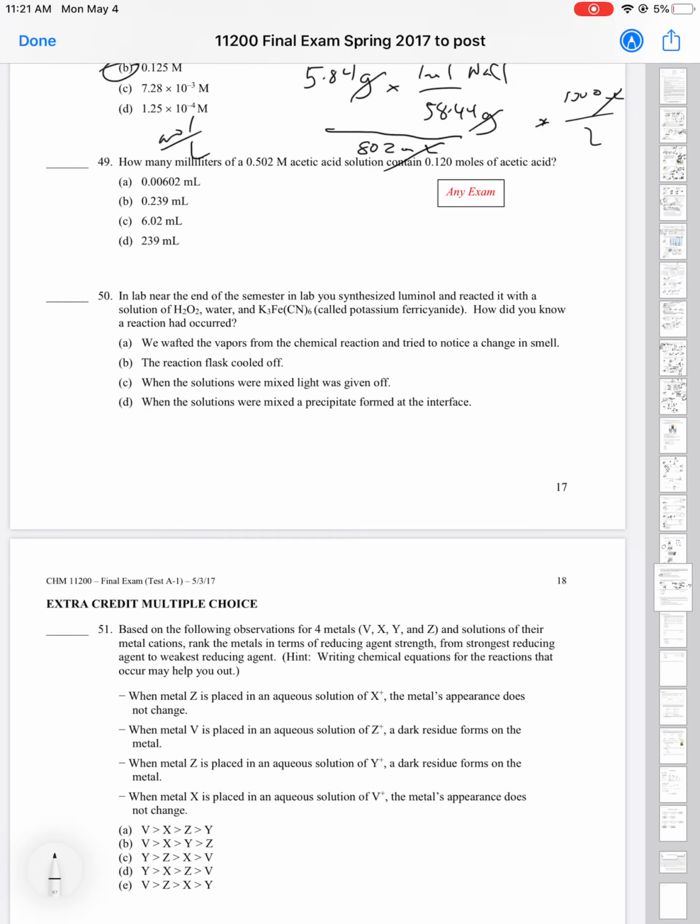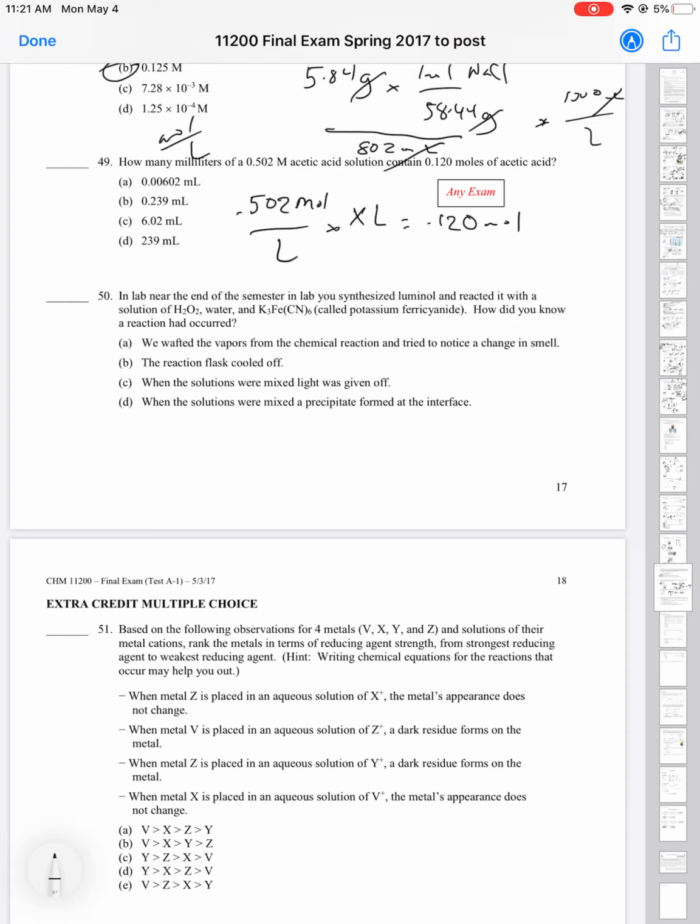There we go. How many milliliters of 0.502 molar acetic acid solution contain 0.120 moles of acetic acid? So we have 0.502 moles per liter times X liters is equal to 0.120 moles, right?